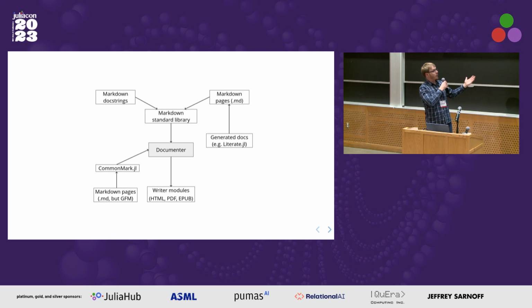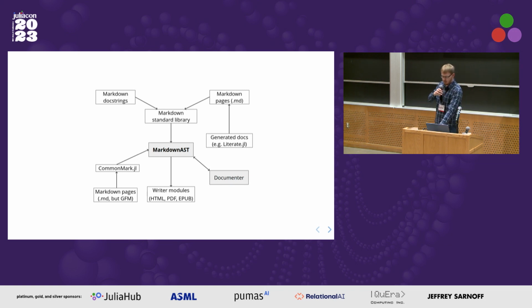What I would love, and what MarkdownAST actually does now, is this. Documenter has not been released yet with it, but on Documenter master, it actually uses MarkdownAST internally. We take Documenter out from the middle and replace it with a standard representation, which is MarkdownAST. And then things become much simpler. If you want to have any extra formats, you just have to represent them in MarkdownAST, and then you can pass that to Documenter.